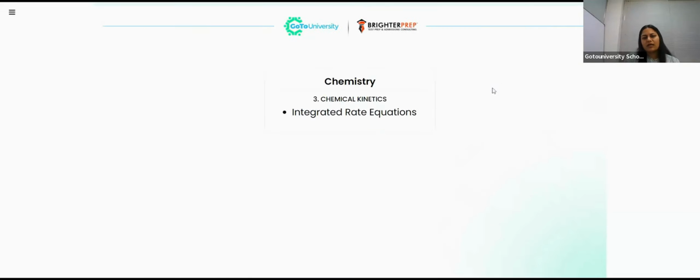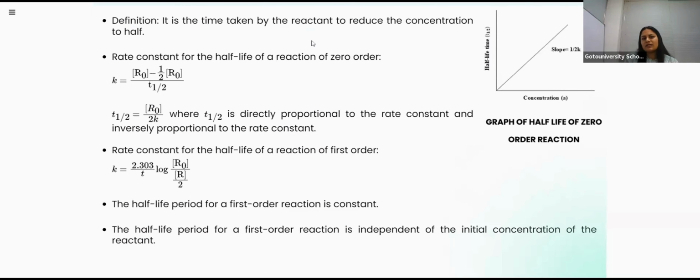Now what is half-life? The half-life is the time taken by the reactant to reduce its concentration to half.